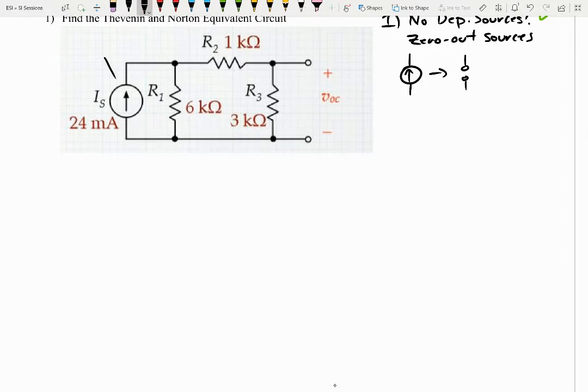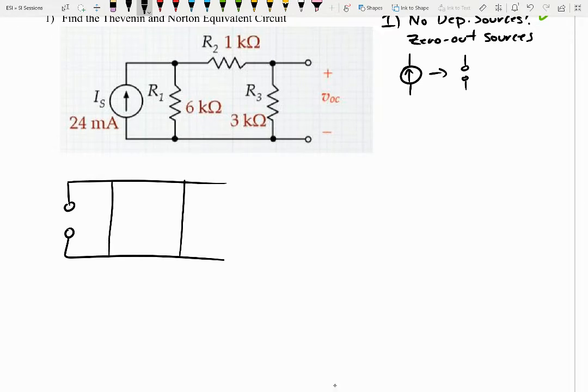So seeing here, we only have that one current source. So if we go and redraw the circuit, okay, and R3.